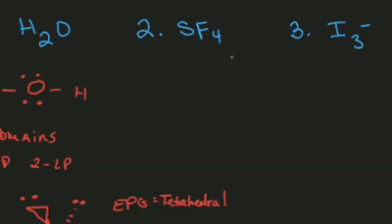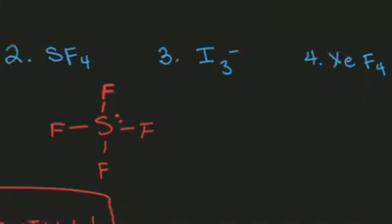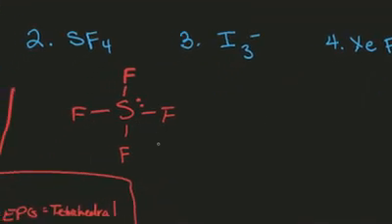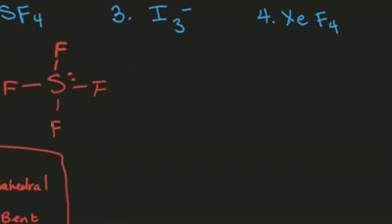Alright, the next example we're going to look at is SF4. If you do the Lewis structure for this guy, I believe there's 2 lone pairs there. So here we're going to have 1, 2, 3, 4, 5 domains.